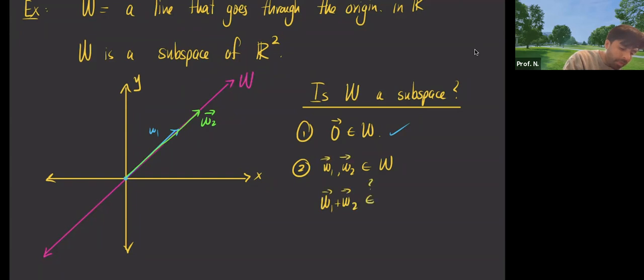Is this also in W? Remember, that's what it means to be closed under addition. So if I have a vector W1 and I have another vector W2 along this line, is the resulting vector also going to be on this line? Yes or no? What do you guys say?